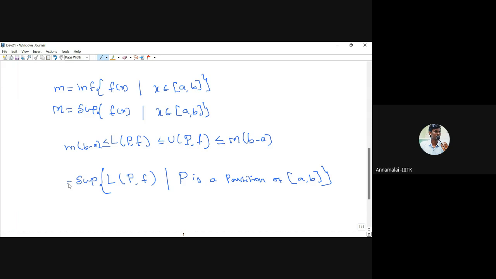We call this supremum the lower integral. We denote it by the lower integral from a to b of f(x) dx. We call this the lower integral.